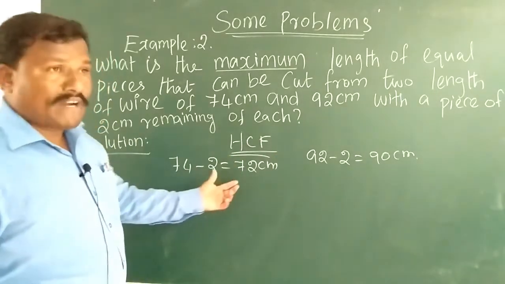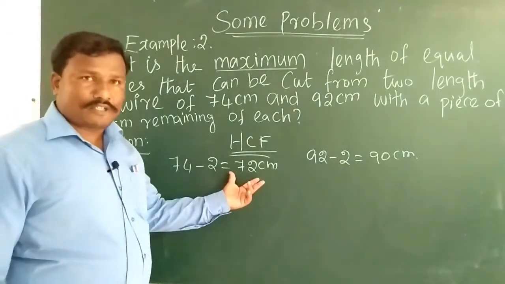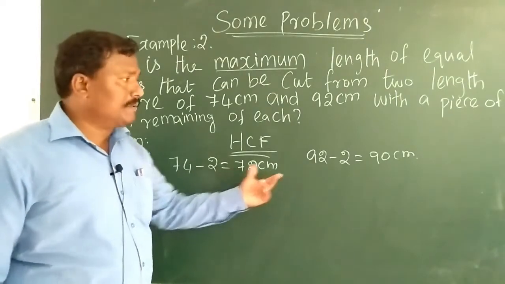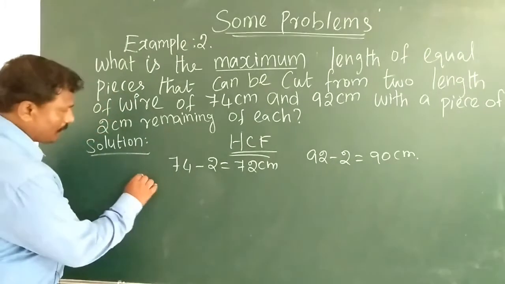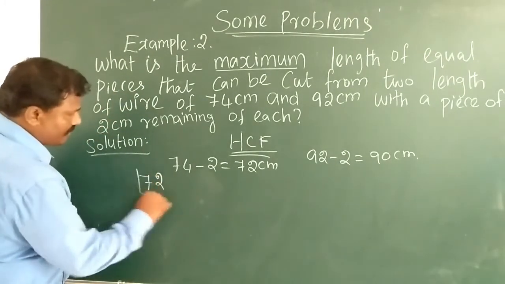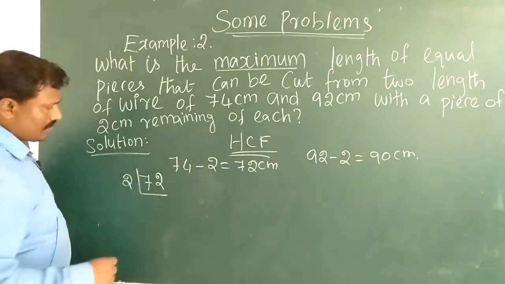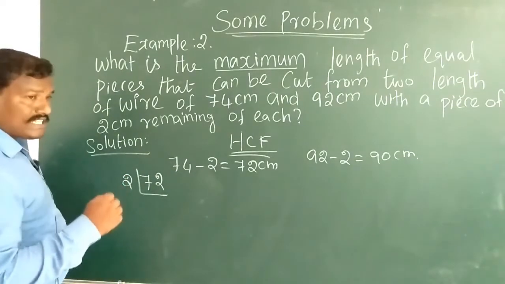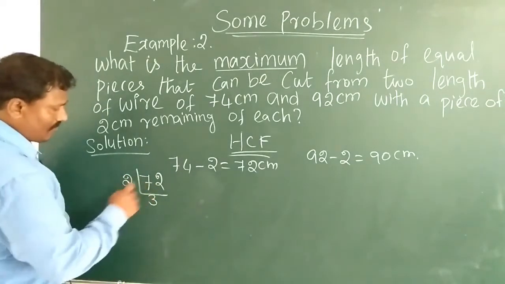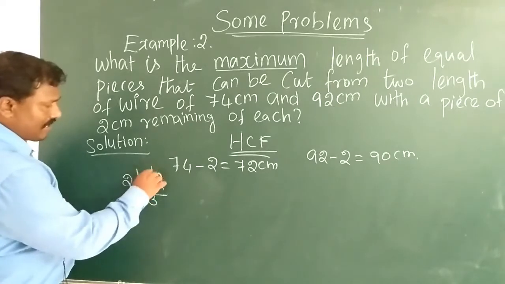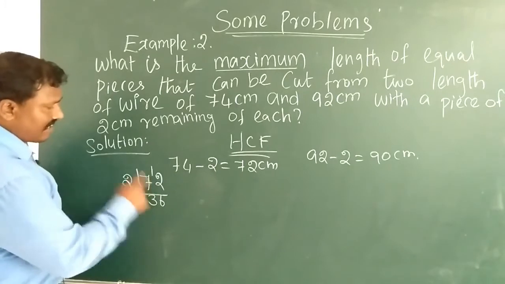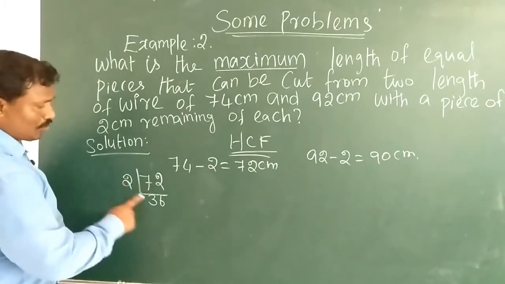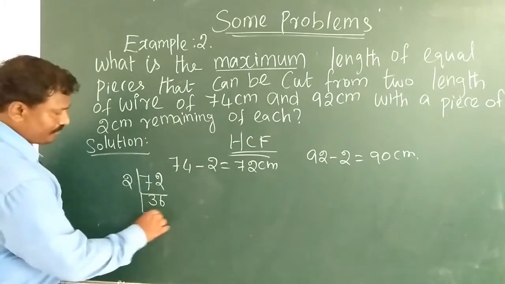First I am going to find the prime factors of 72 and then 90 also. So 72: 2 threes are 6, remainder 1. 6 twos are 12. So 2 thirty-sixes are 72.